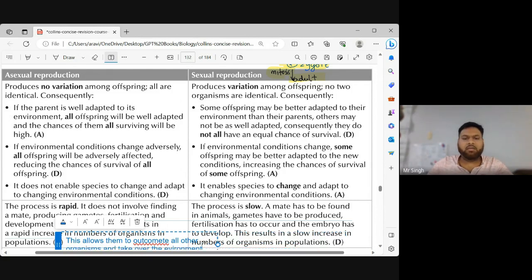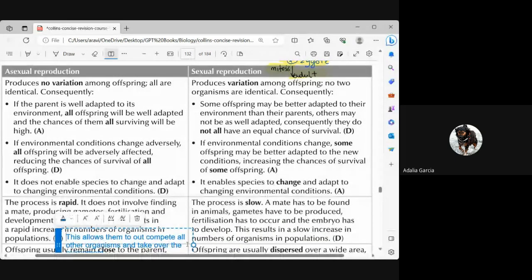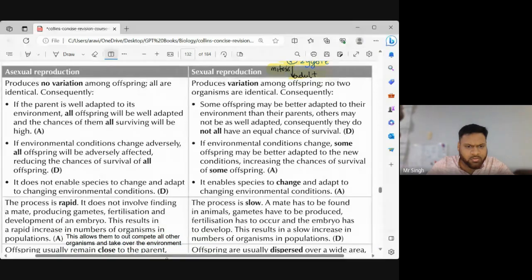So everybody have a better understanding of what we're trying to talk about when we talk about variation, students? Yes, sir. All right, so it's in black, so you'll be able to read it.